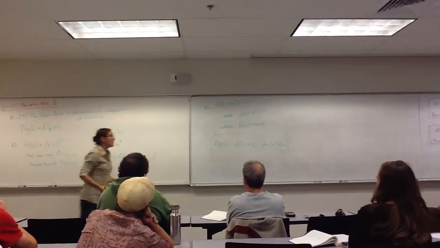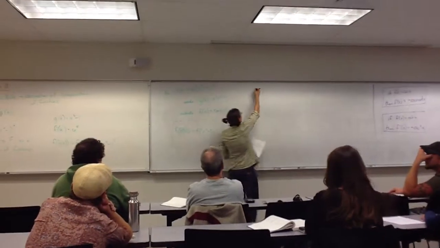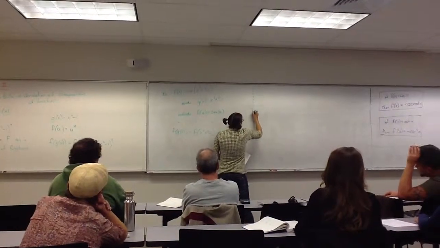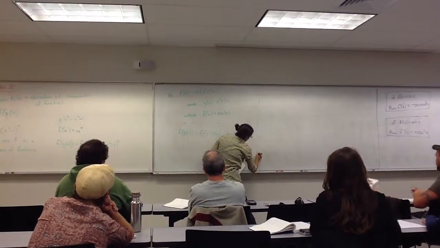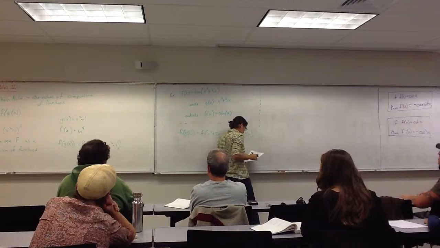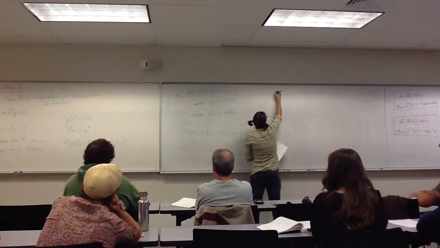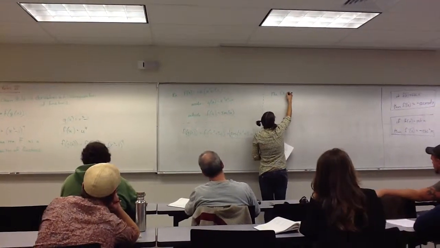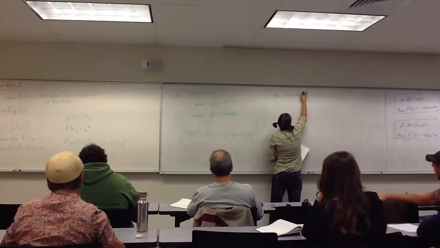Okay. All right. So now that we've looked at two examples where we've taken a composition of functions and picked it apart into its composite pieces, I'm going to write down the chain rule. And here's what the chain rule says.